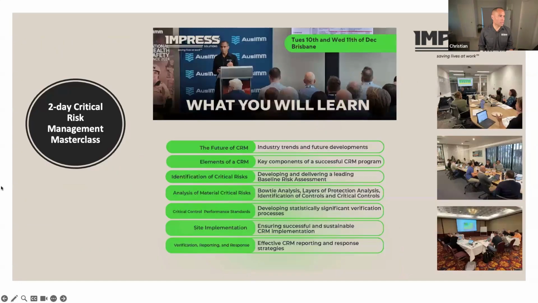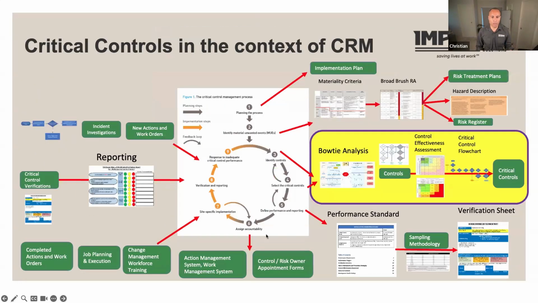I think you guys might have seen this around. I know Matt G, we came close to running it for you guys. We also run a two-day critical risk management course or masterclass, where we essentially run through this whole framework. The ICMM framework is good in terms of what to do, but it doesn't say how to do it.